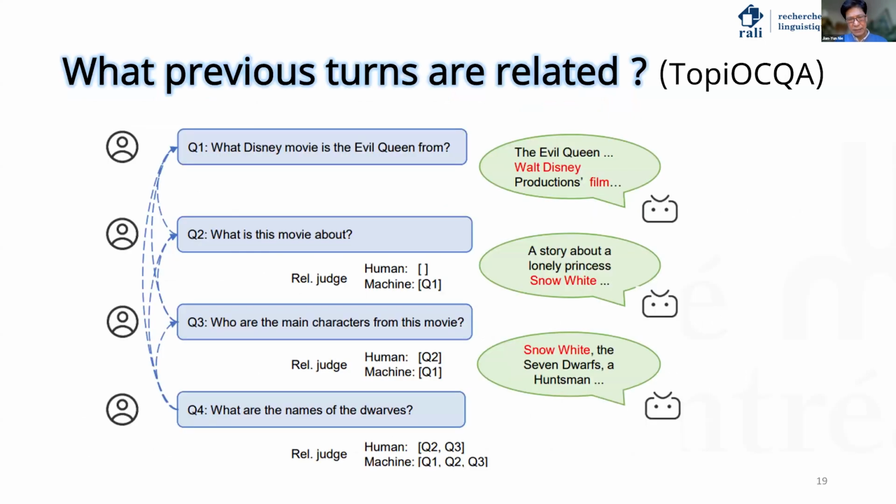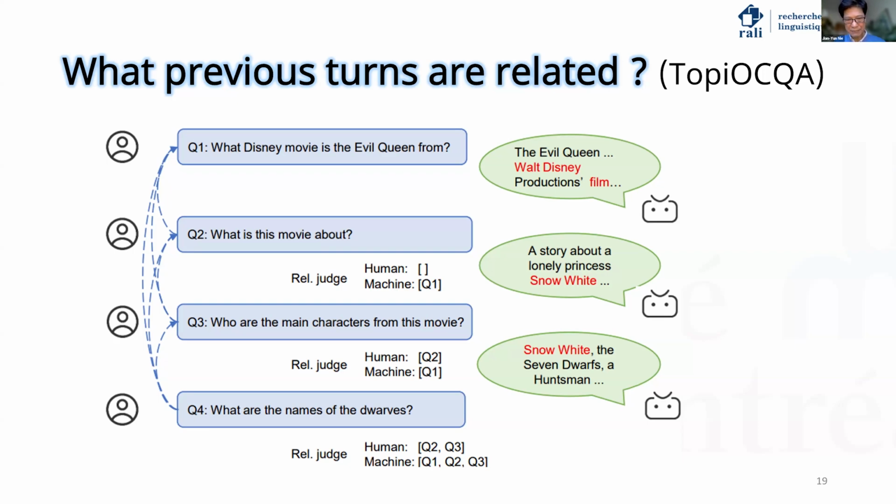And here is one example to show how a previous term may be connected to the current term. So here we have the first query, what Disney movie is Evil Queen from, and then the second one, and so on. So we can certainly ask a human annotator to annotate whether a previous query is connected to the current one.